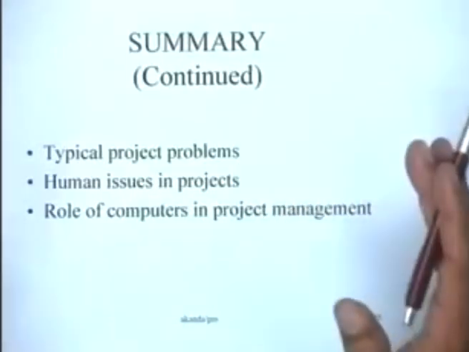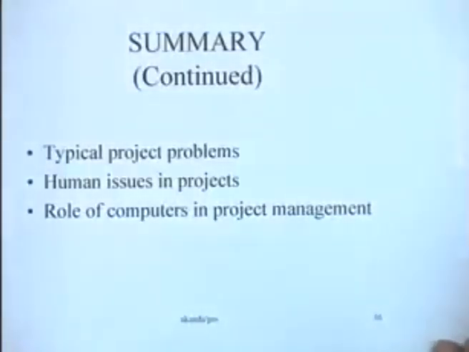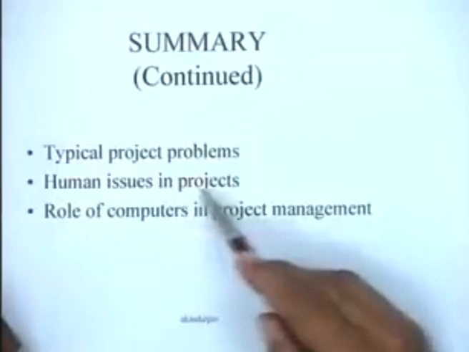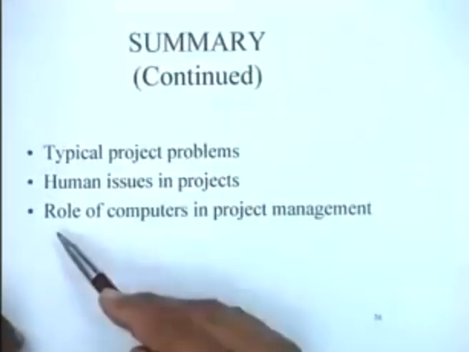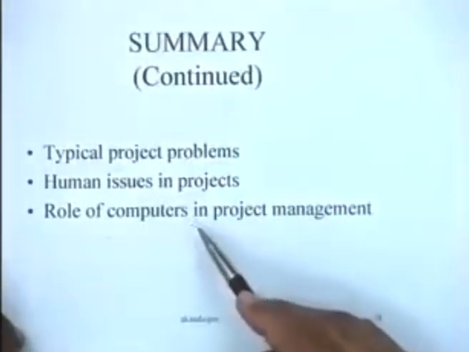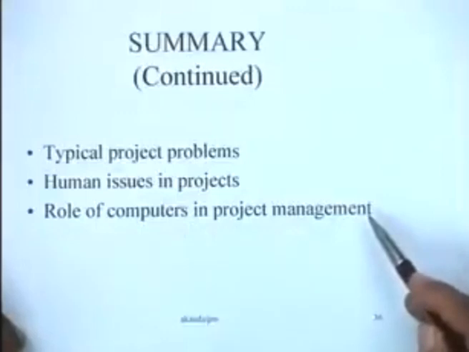We have seen that the problems could be very varied in their content, starting from human to technical to behavioral problems. We have identified some of the human issues in project management, the importance of working in teams, things of that kind. And finally, we have seen how computers help in project management.